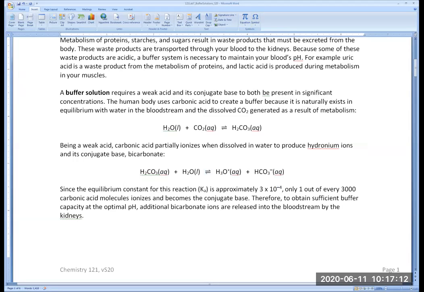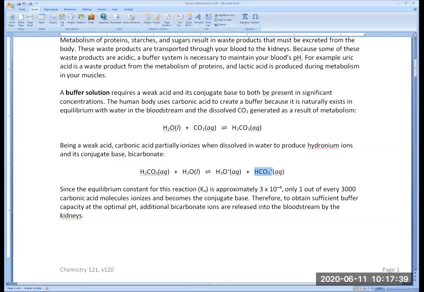So remember, a weak acid partially dissociates. And the proportion of ions is very small compared to the proportion of the acid plus water. So you have a lot of the acid and very few of the bicarbonate. Because of that, to have a buffer, we need as many bicarbonate as we have the acid for this to work as a buffer.